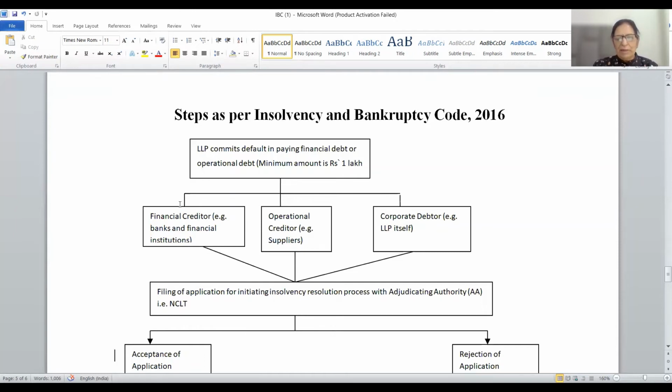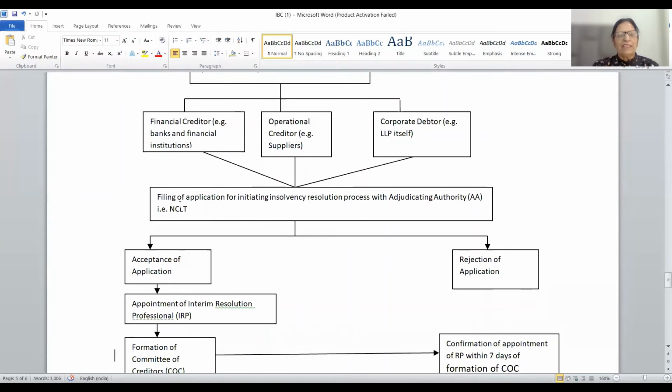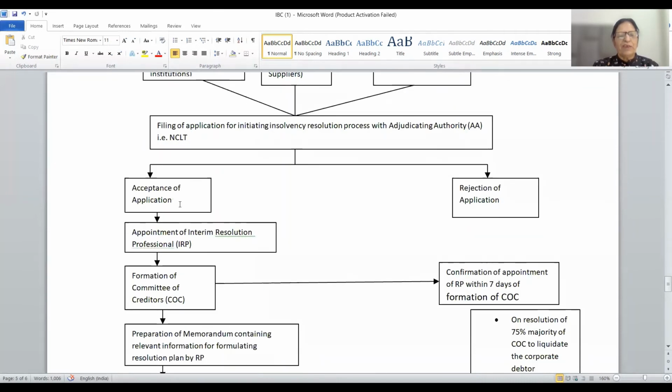They can file an application and initiate this IRP with AA. Now if this application is accepted, then IRP is appointed. The committee of creditors, which I have talked about, is formed. And the IRP's appointment is confirmed within 7 days of the formation of COC.